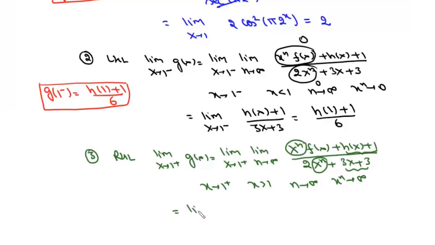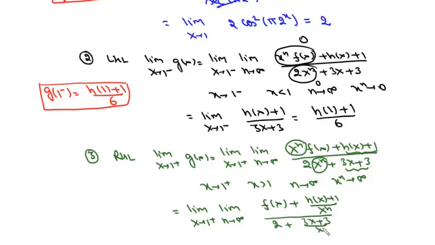So it will be this limit as x tends to 1 positive, limit as n tends to infinity of (f(x) + (h(x) + 1) upon x^n) divided by (2 + (3x + 3) upon x^n). Now as n tends to infinity, this expression will be 0 and it will also be 0.